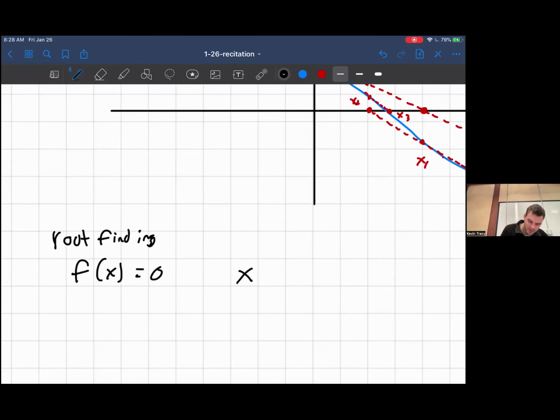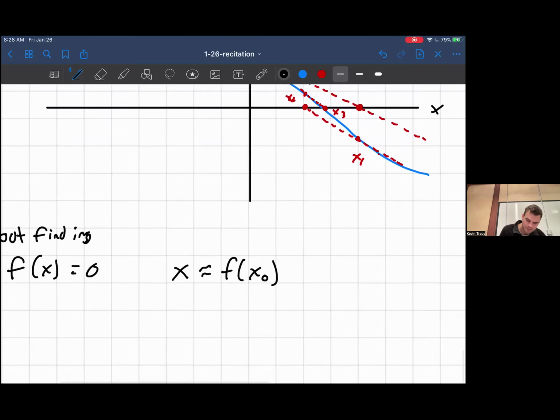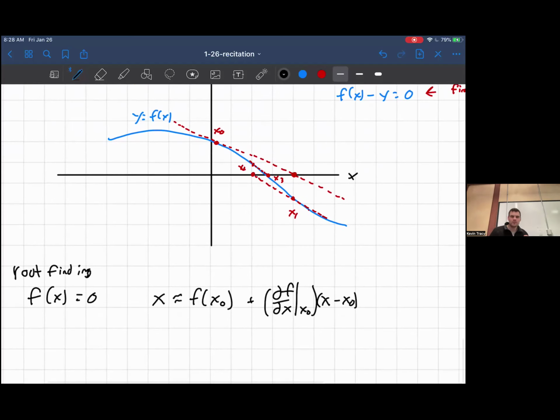I will say that y is approximately my current value plus the derivative of this at the current value times x minus x0. And remember, I want to solve for when this linear approximation equals 0. So sorry, this is not x, this is y. I want to solve for when y equals 0.